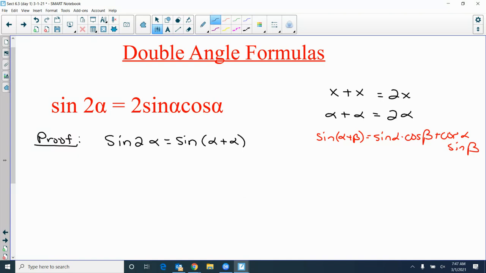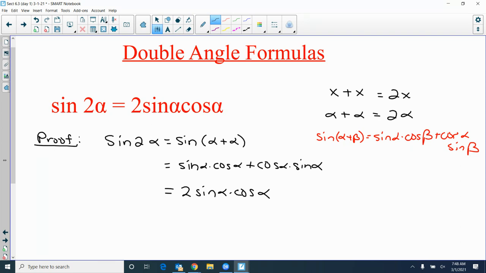So it's going to look like sine alpha times cosine alpha plus cosine alpha times sine alpha. Those are the exact same things. I can reverse the order there, and now it just becomes 2 sine alpha cosine alpha. That's all you've got to do for that. We're using that sum formula, but we're just using the same angle twice.